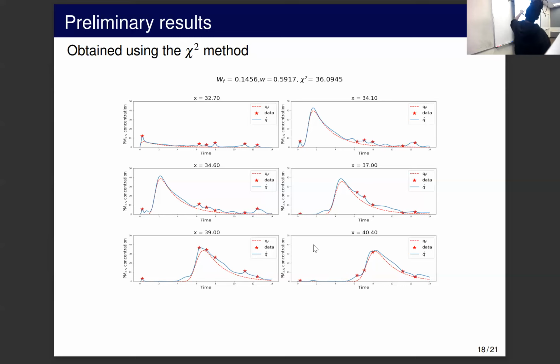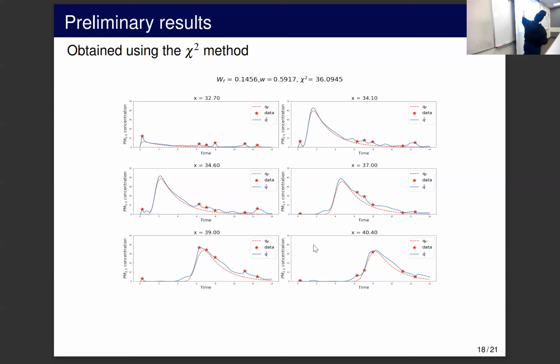So for these preliminary results, we obtained the optimal parameter lambda using the chi-square method, and this gave us the model weight equal to 0.145, and then the weight to the data that was used is as shown above, and this gave us a chi-square value of 36.09, which is approximately equal to the number of observations because we used 36 observations.